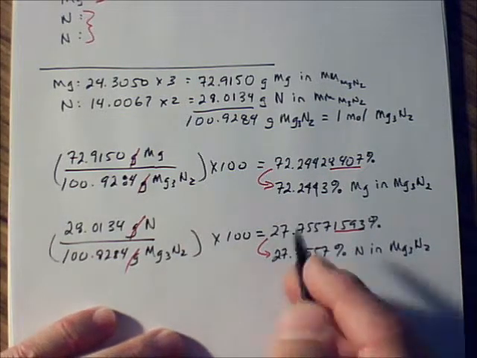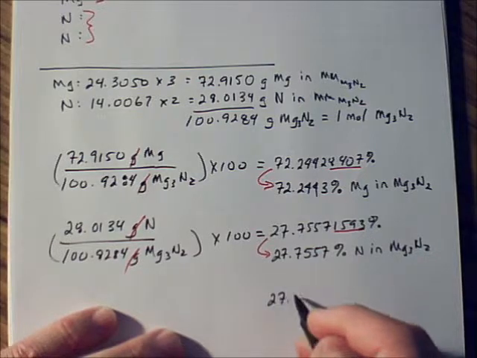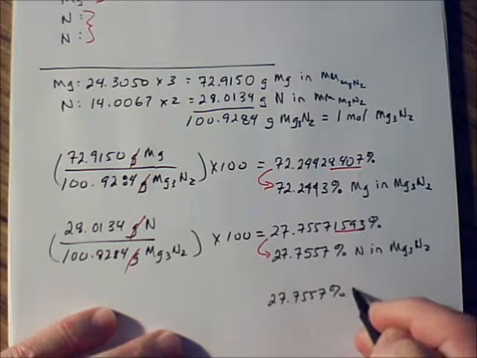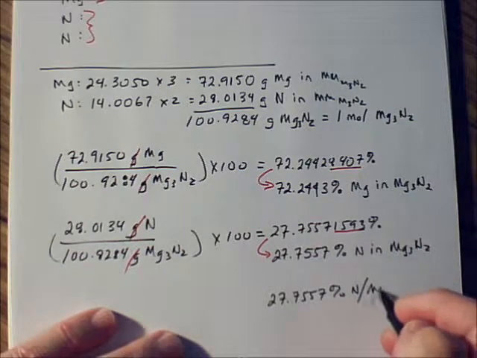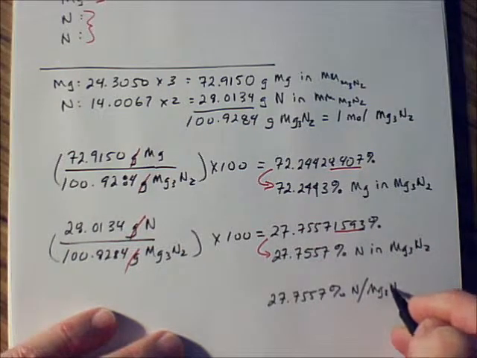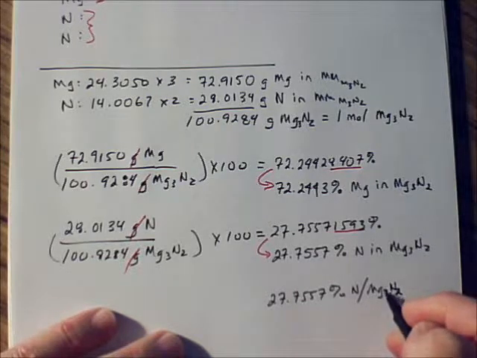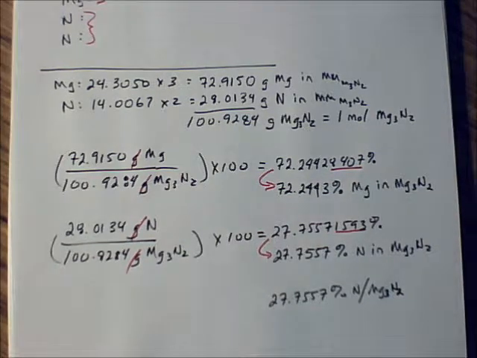Which I could also write the answer as 27.7557% nitrogen in magnesium nitride, as I told Colton a while ago. You could do it that way. That'd be acceptable too.